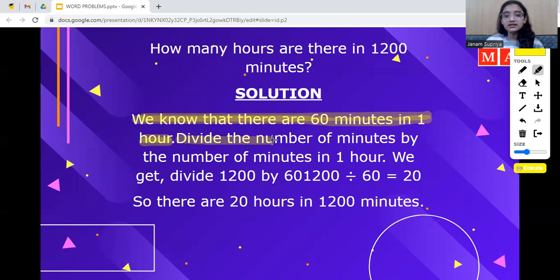So to find the number of hours in 1200 minutes, we divide the number of minutes by the number of minutes in 1 hour.